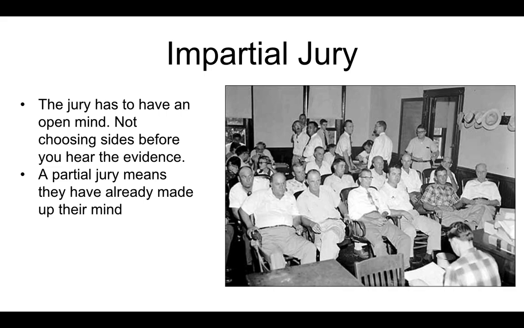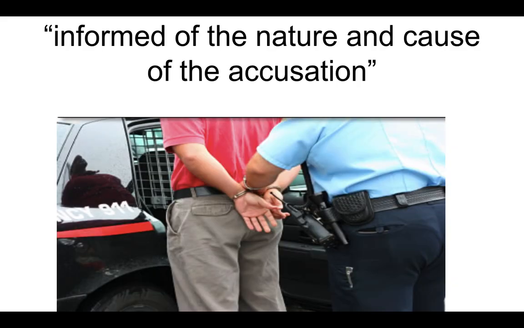But at the trial, the all-white jury acquitted. They found him not guilty. They wouldn't convict a white man of killing a black man, or black boy, or black child in this case. And so that's a partial jury. You've got to have a jury that has an open mind, that hasn't already made up their mind, and that's a special right.